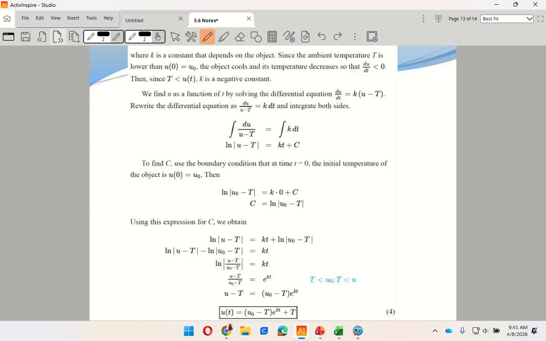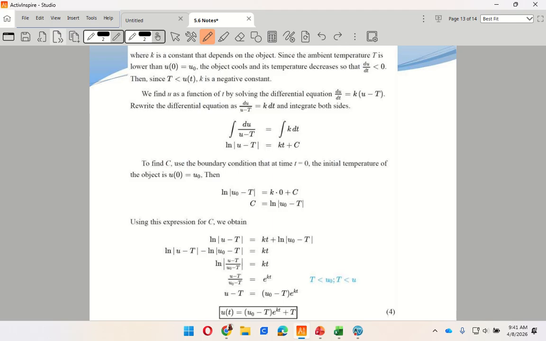So here it is. I wrote down all of this, and it's on your sheet. I copied this word for word so you could see all the steps to get to this.